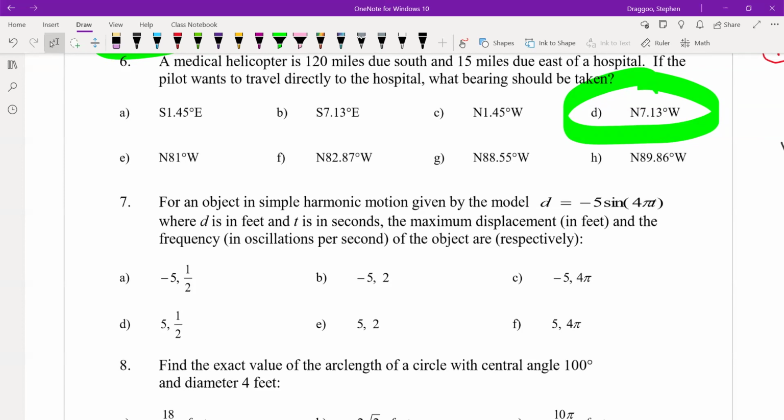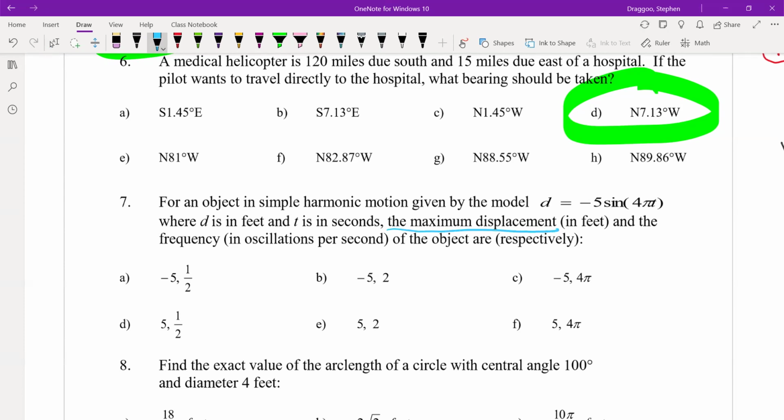A nice looking periodic sine wave. We call that simple harmonic motion. It gives us the equation of the model, d equals -5 sine of 4 pi t, and wants us to answer two questions in tandem. It wants both the maximum displacement in feet and the frequency in oscillations per second.